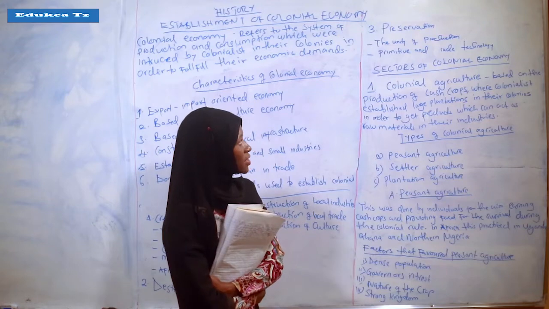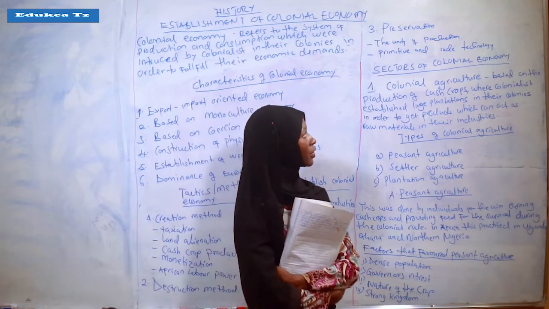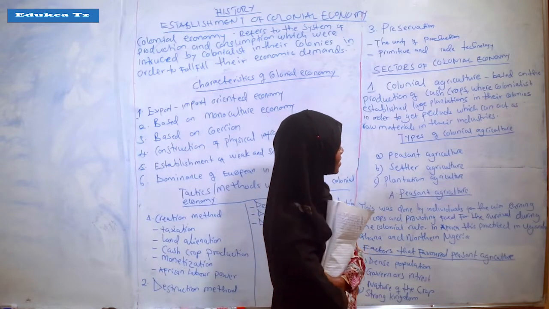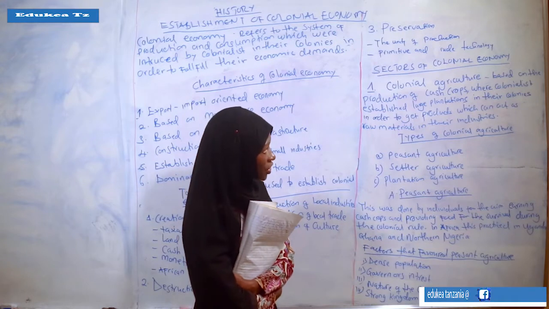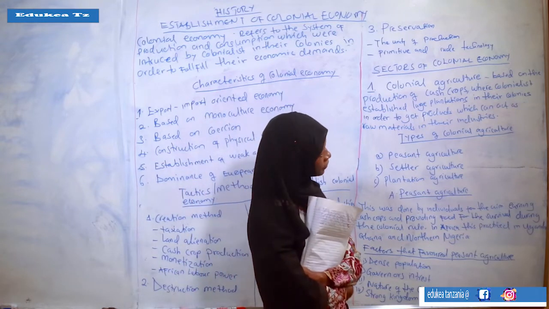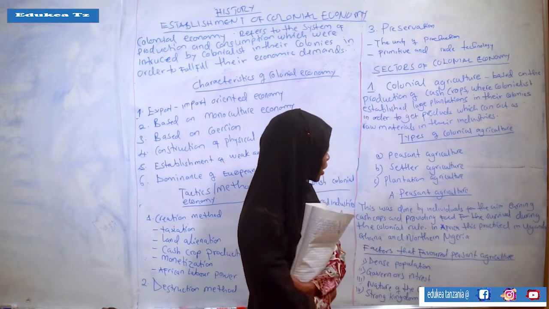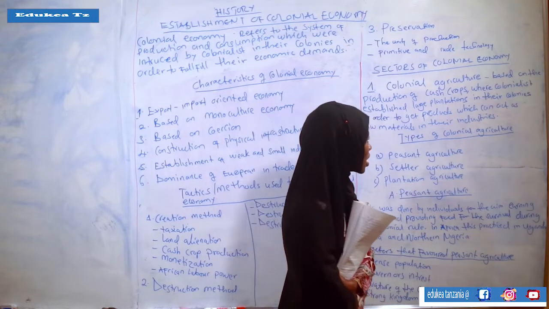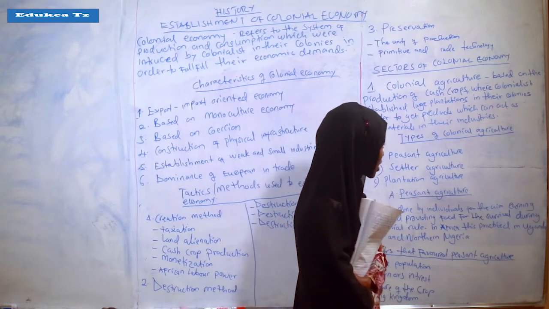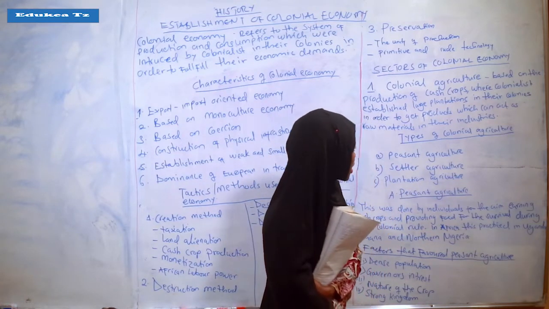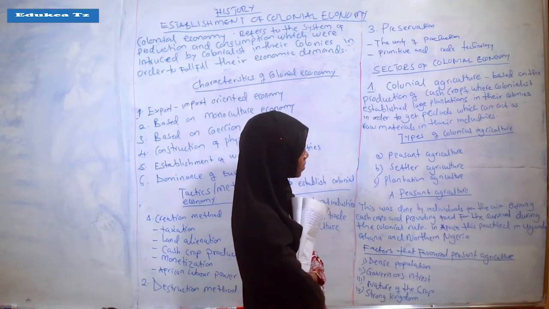The next part is sectors of the colonial economy. The first one is colonial agriculture. Colonial agriculture was based on the production of cash crops, where colonialists established large plantations in their colonies in order to get products which could act as raw materials in their industries.